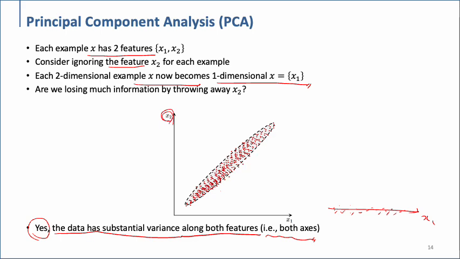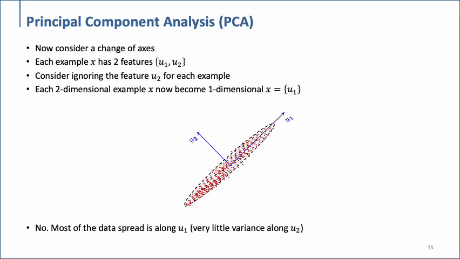In this case, compared to the previous case, x2 has some variance, right? Here the values vary from here to here, so x2 has very large variance. So in this case, we cannot just ignore the feature x2.